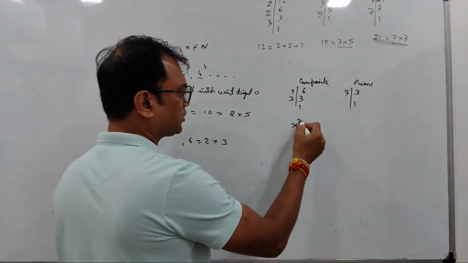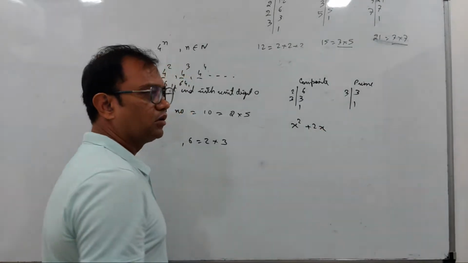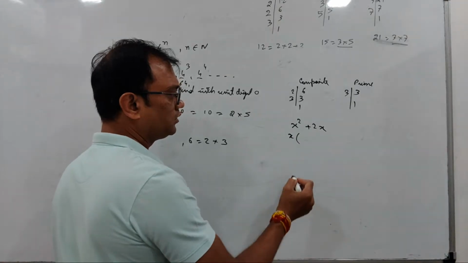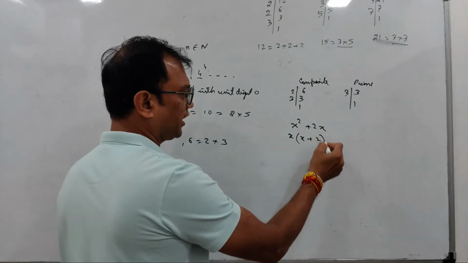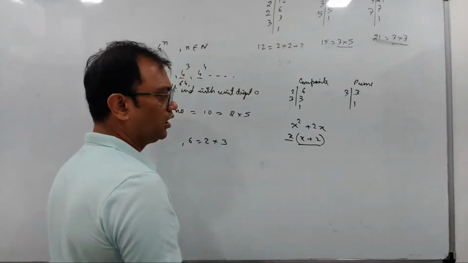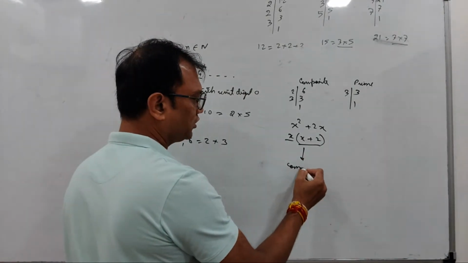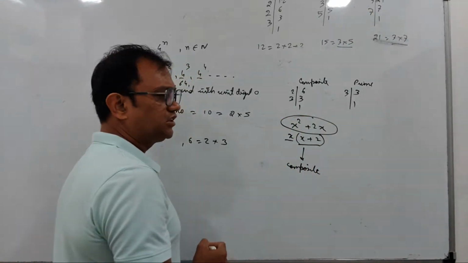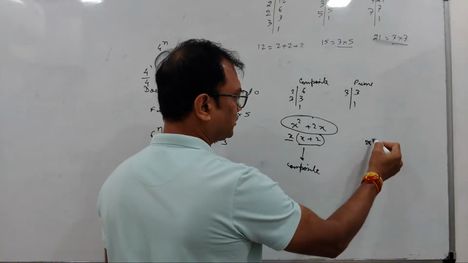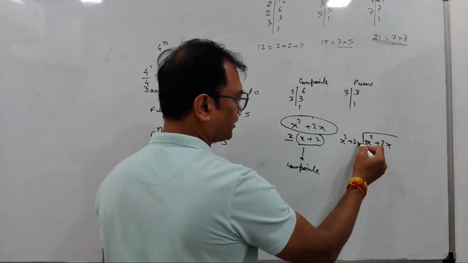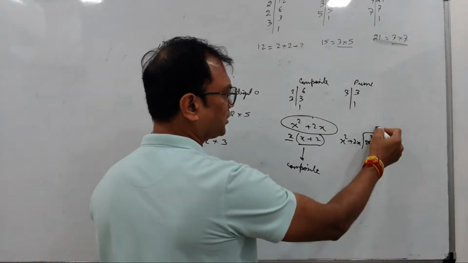Suppose I tell you x square plus 2x, is it prime or composite? What are we going to do? We are going to take x common. The factors are x and x plus 2. So therefore we will call it composite. If this number had factors only x square plus 2x and 1, then it would be called prime.